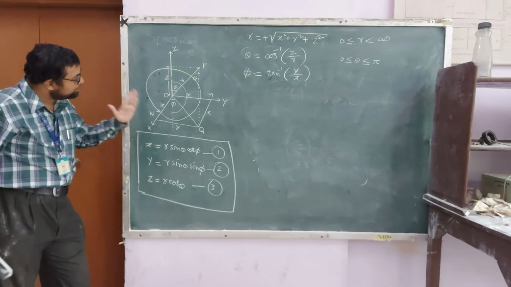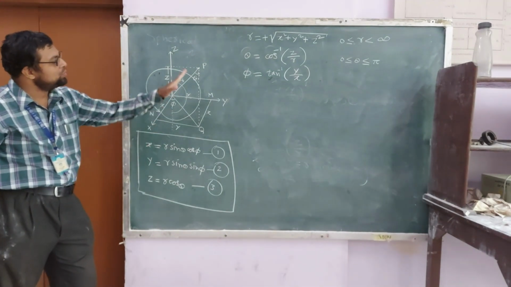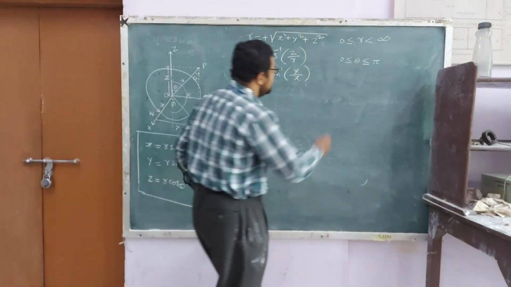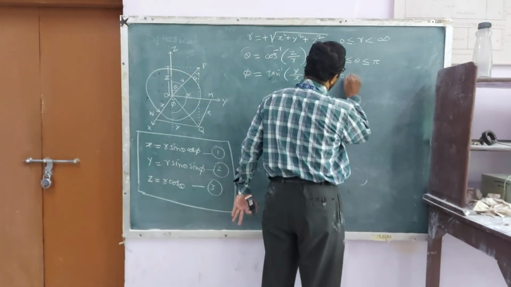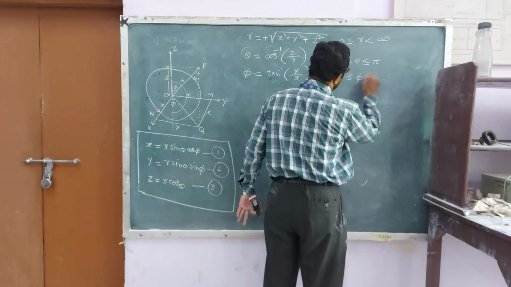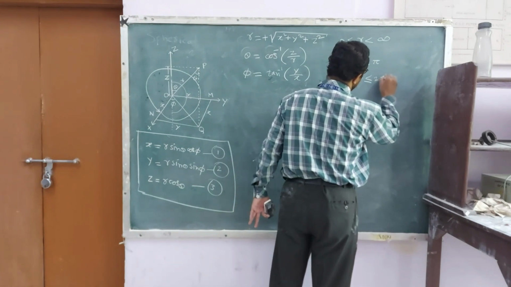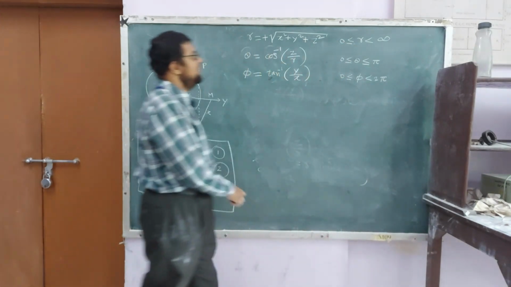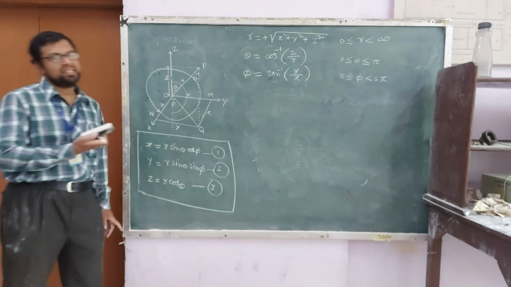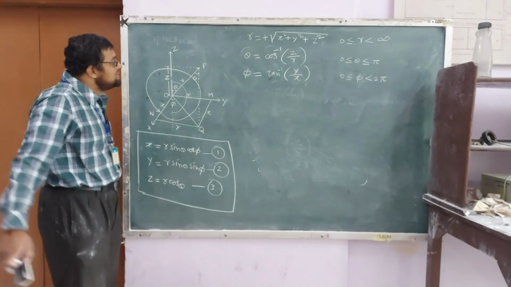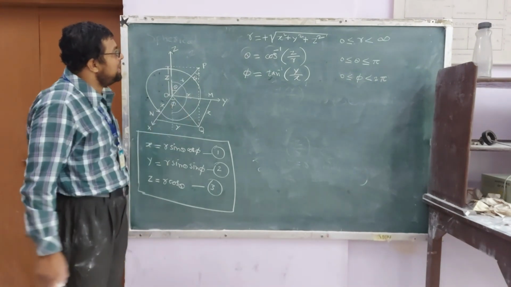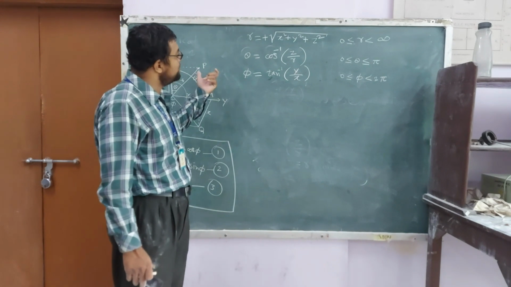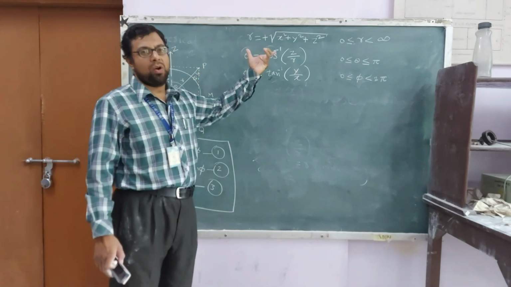So phi can go from 0 to 360 degrees, that is 0 less equal phi less than 2 pi. I write it as less than because if it is 2 pi then again it is 0. So this is what we have, the spherical polar coordinates in terms of the Cartesian coordinate system.